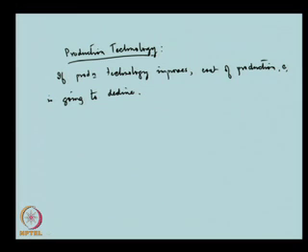So, this change in technology is basically manifesting itself in terms of change in C. Now, how does it affect our variables?